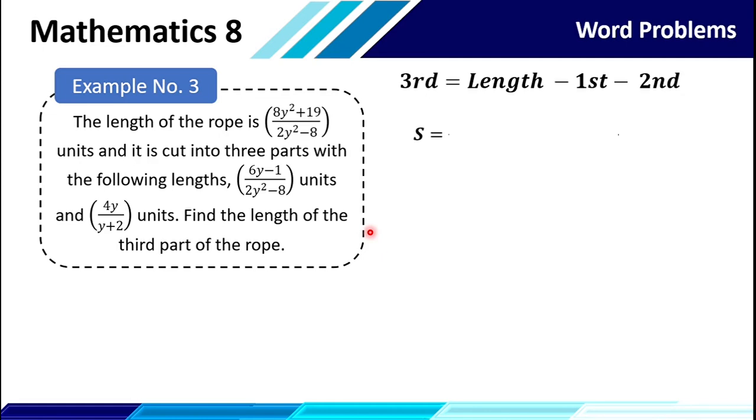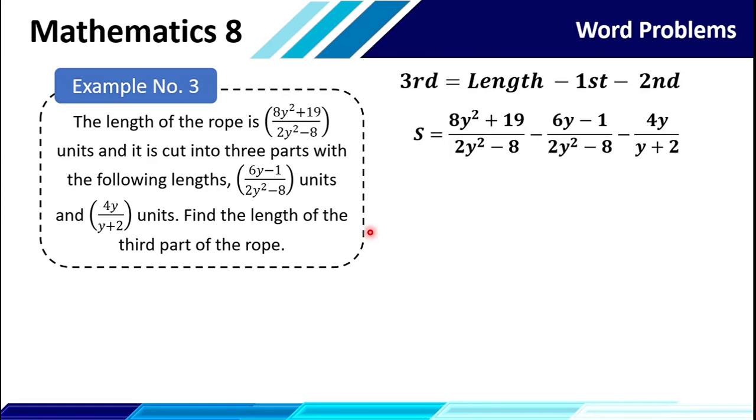So we have the length, which is (8y² + 19)/(2y² − 8), minus the first part of the rope, which is (6y − 1)/(2y² − 8), minus the second part of the rope, which is 4y/(y + 2).